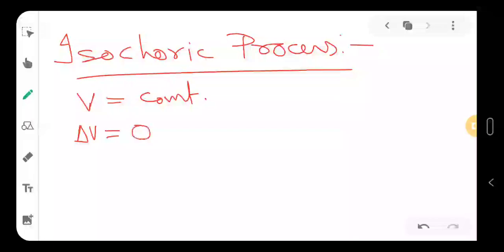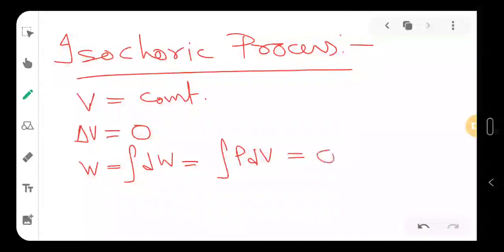So if I write W as the integration of dW, that is the integration of P dV, and the change of volume is zero, the whole term will be zero. So in the isochoric process where volume is kept constant, the work done is always zero.